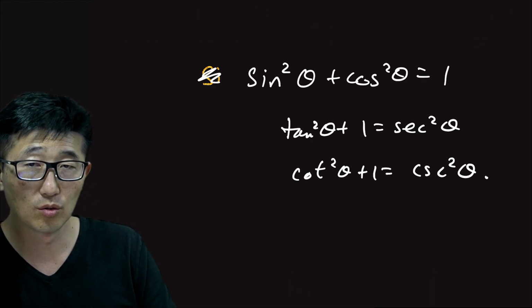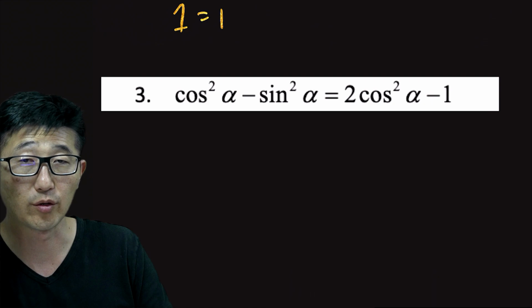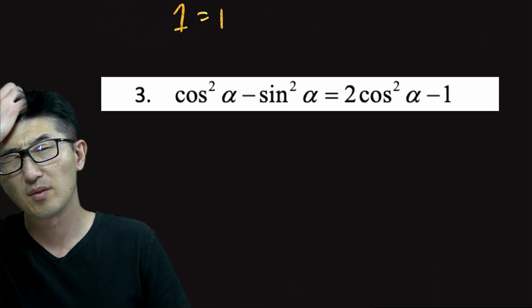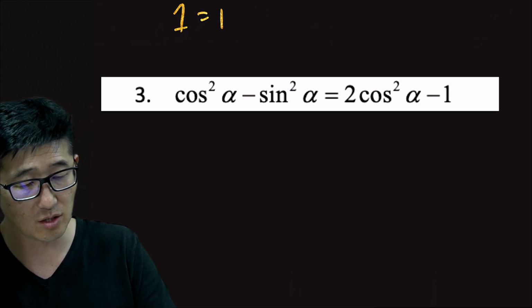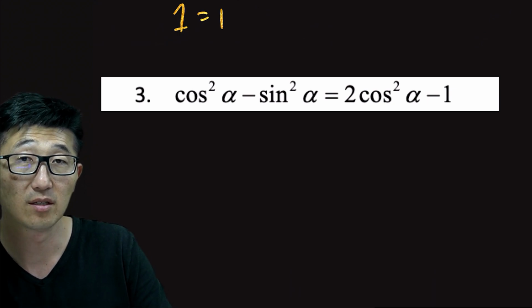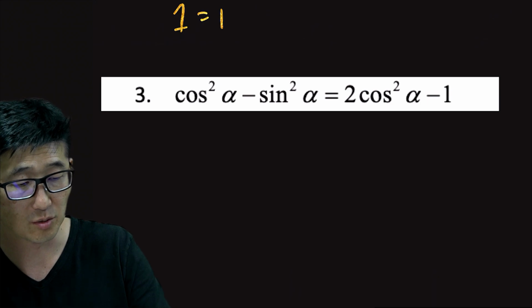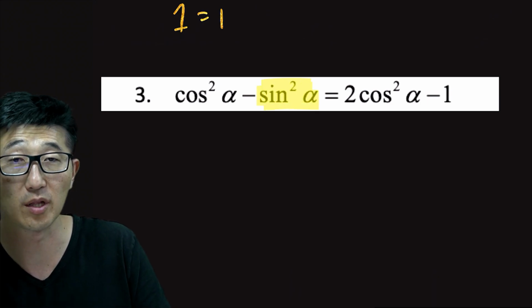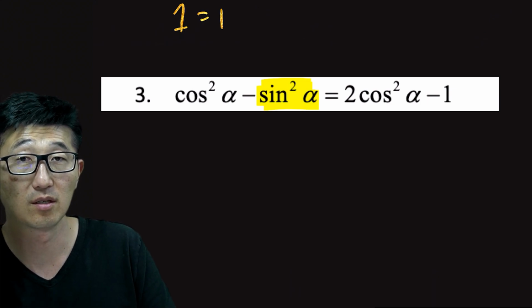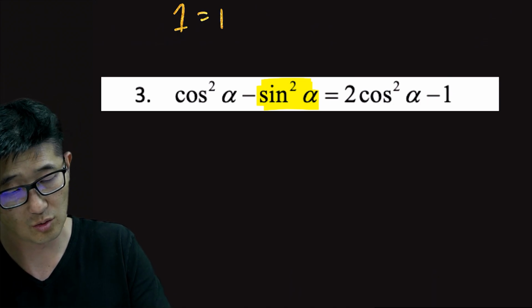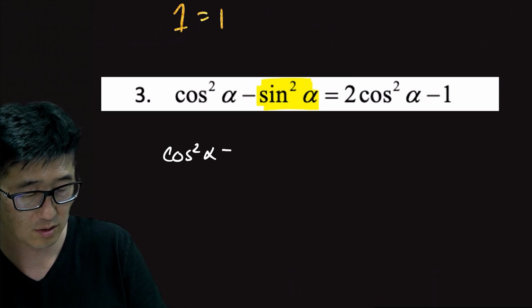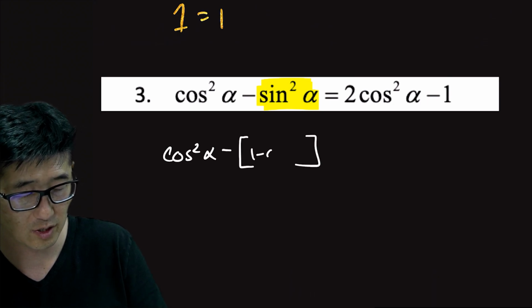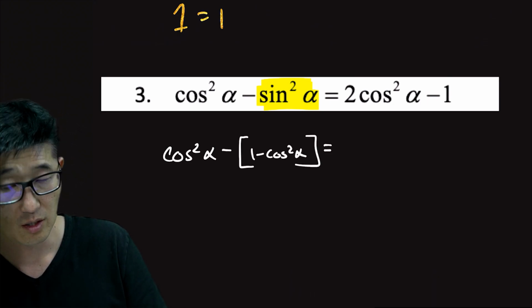Okay, so what do we do here? Do you notice that on the left side you have a cosine and sine, but on the right side there's no sine? So there's a big hint. This must have been replaced. What did they replace that with? 1 minus cosine squared. Right.